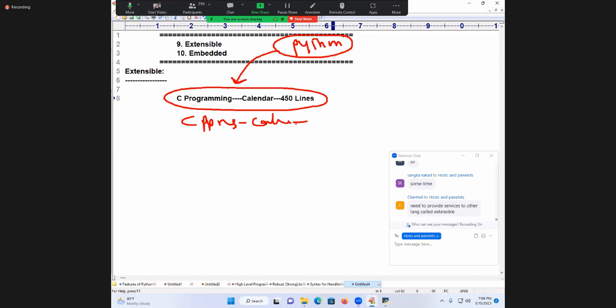So Python's services are extensible to other language people, and they can call the coding segments of Python.